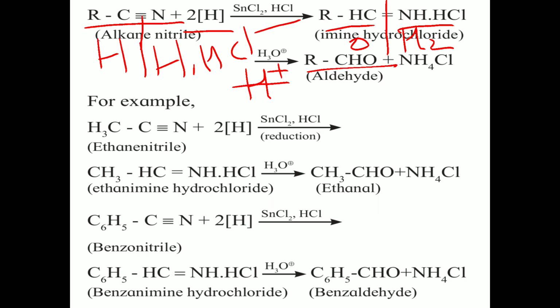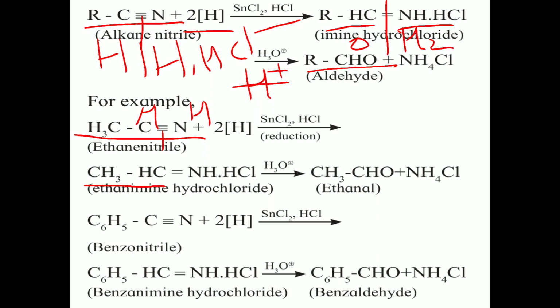So now let us study one example for this. In the first example, ethanenitrile, whose formula is CH3C≡N, on reduction by stannous chloride and HCl, the triple bond is converted into the double bond, one hydrogen goes to carbon and another to nitrogen.